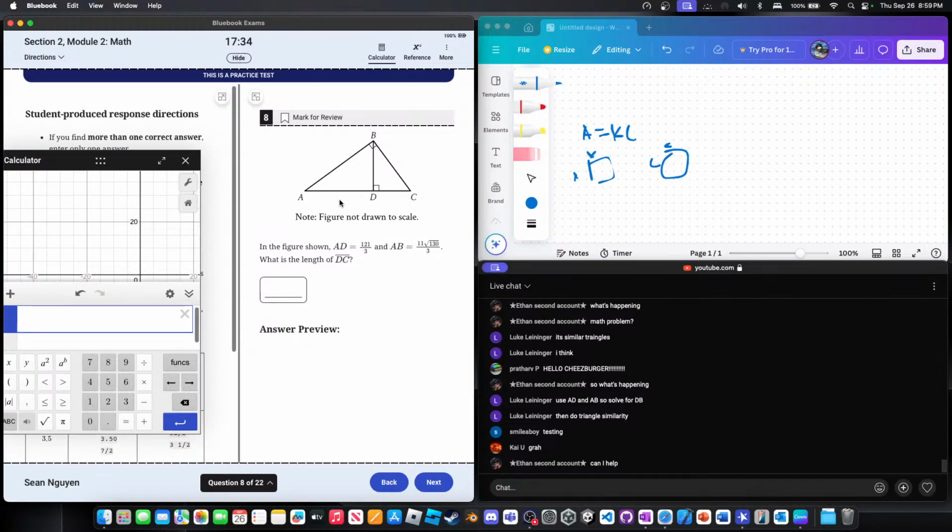AD and AB to solve for DB. Yeah, I might have to skip this one, guys. I'll mark this one for review.